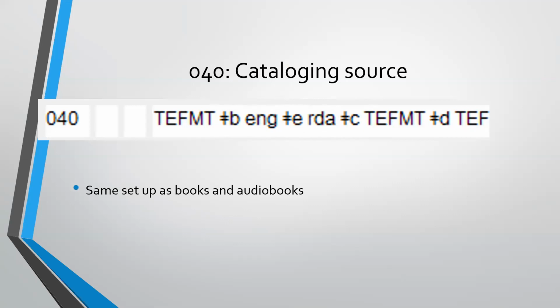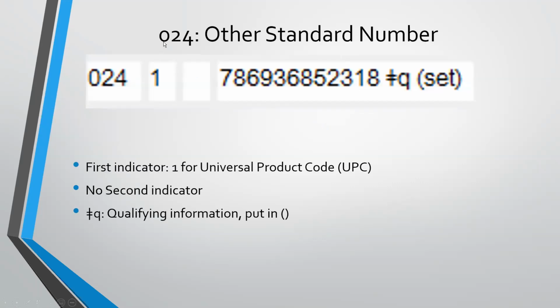So for example, if I was creating a book record and I was using descriptive cataloging for rare materials books, it would be EDCRMB. And you can actually make hybrid records. So I could have ERDA and EDCRMB. Not that really matters for this, because AV materials, you're always going to want to go RDA.